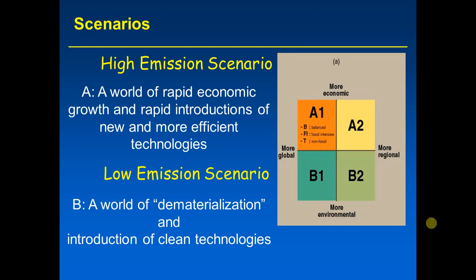But first of all, let's look at how the emissions from each vary in the coming decades. So one thing you might be expecting is that A1 and A2 will have higher emissions. Okay. And B1 and B2 will have lower emissions.